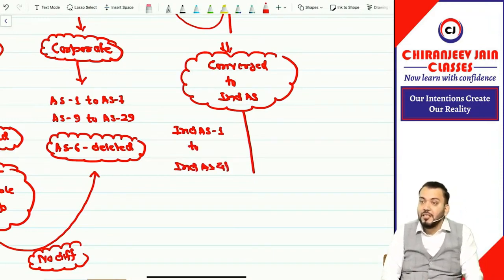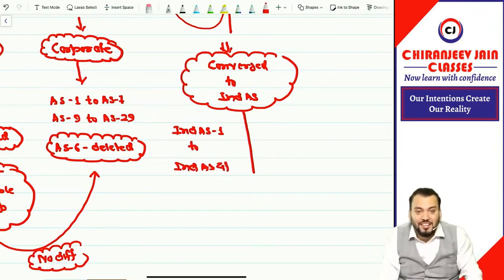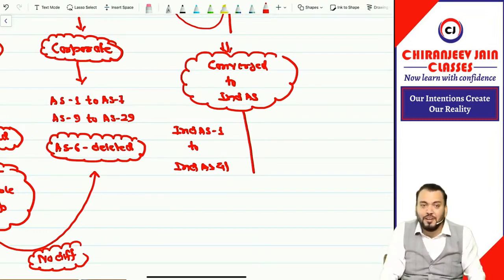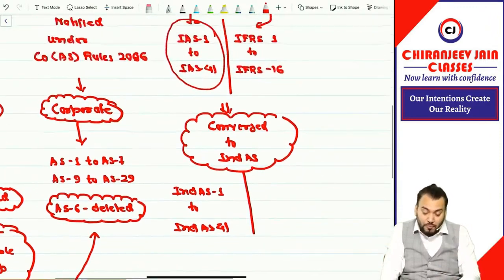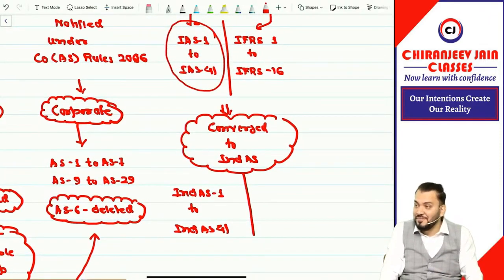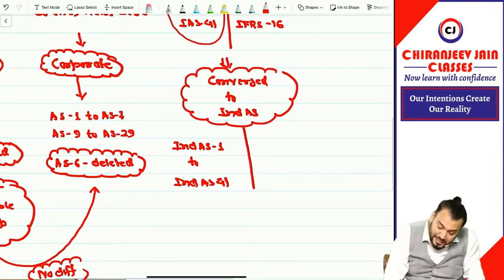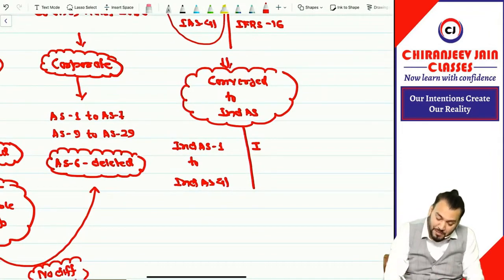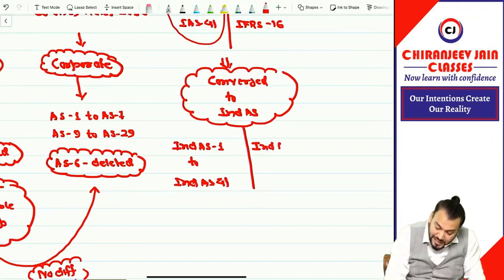Understood? IAS 1 will become Ind AS 1, and IAS 41 will become Ind AS 41. Now what about IFRS 1? They decided that any IFRS number will start from Ind AS 101.